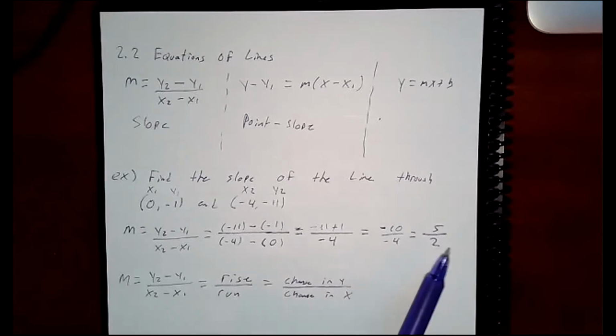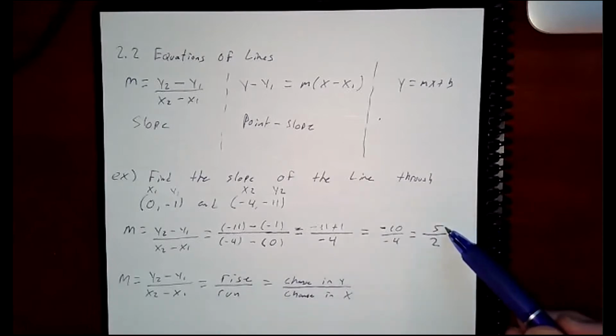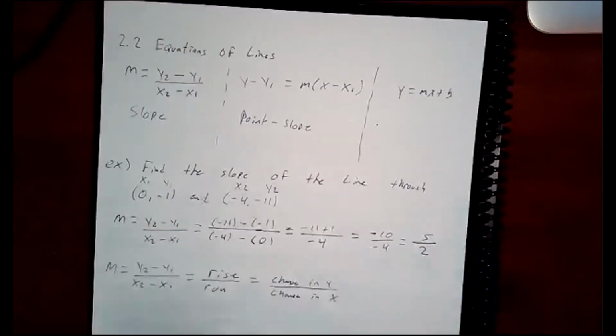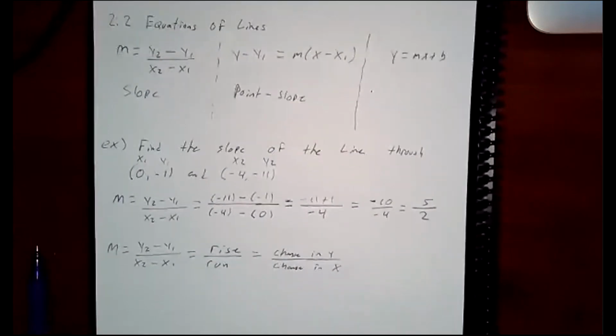So visually, this means that the line will be going up 5 and over 2. Get a visual. Let's say 3 over 2.